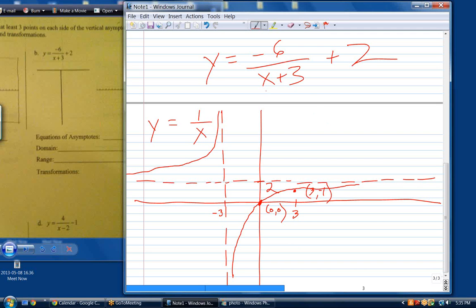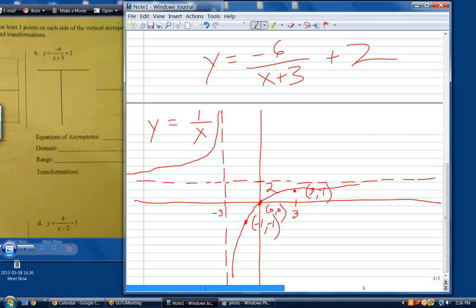So what's the next point? -1. What's y equal to when x is -1? -1. That's that point right there. So there's our 3 points to the right of the vertical asymptote.